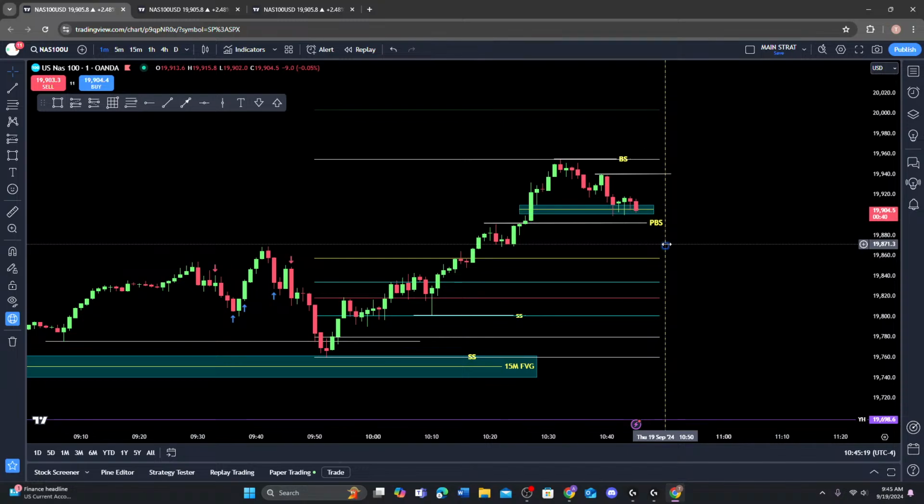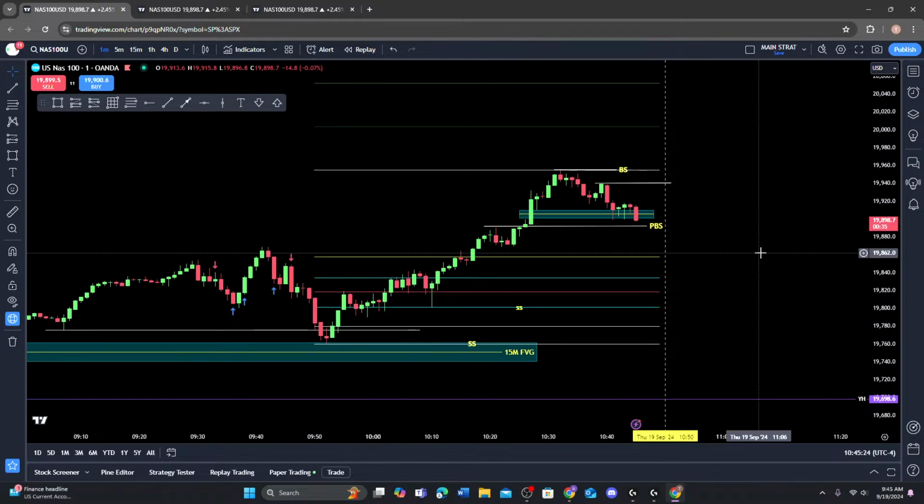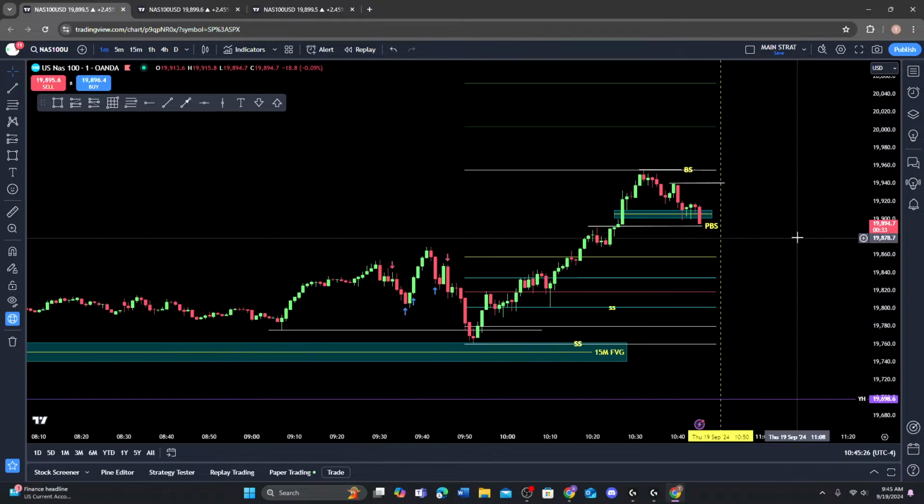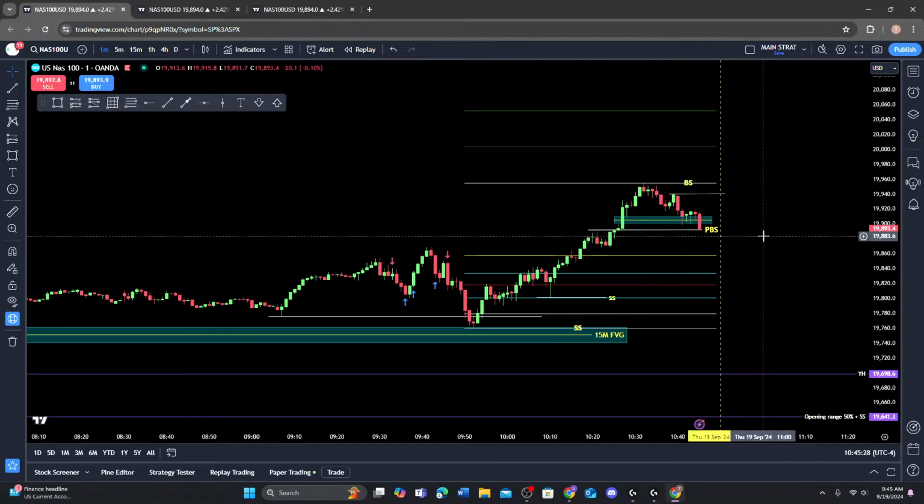We got 950 to 11. I think in the afternoon session we could see a retracement further.